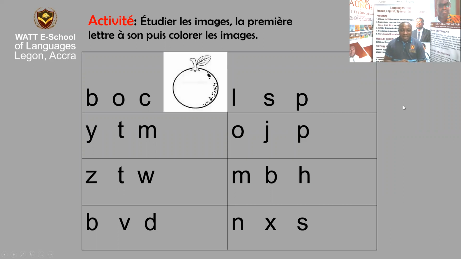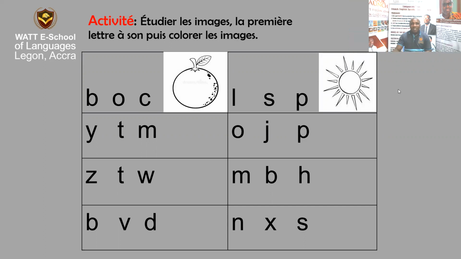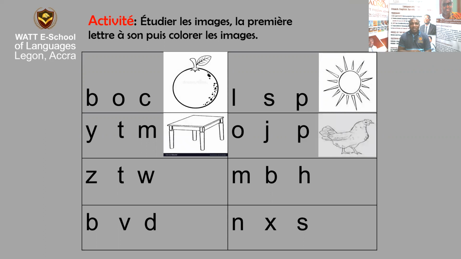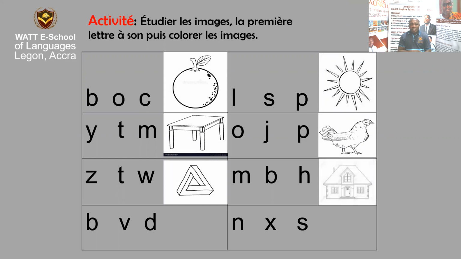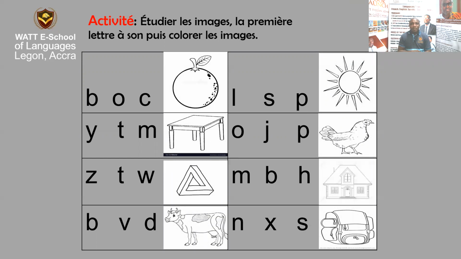I'm going to display the images. What is this? Great. You have something here as well. What is it? All right. Another one. Another image. We have 8 images on your screen.